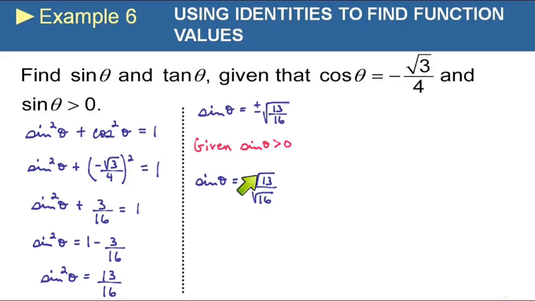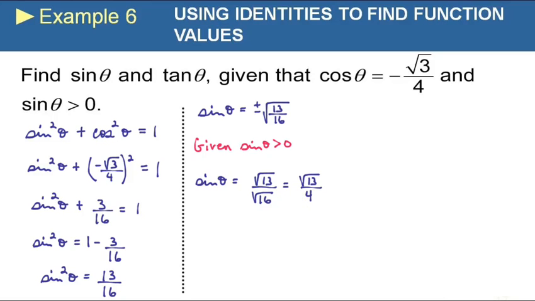And I also have split up this one radical so that the top has its own radical and the bottom has its own radical. If you don't remember that from algebra, that was the quotient rule for radicals, and we always do that so that we can rationalize the denominator. In this case, the square root of 16 is 4, which is already rational. And so the sine of theta is square root of 13 over 4.